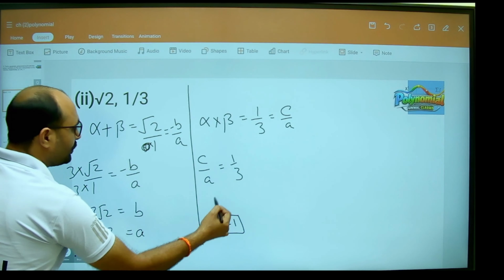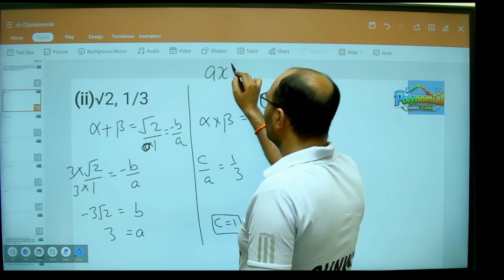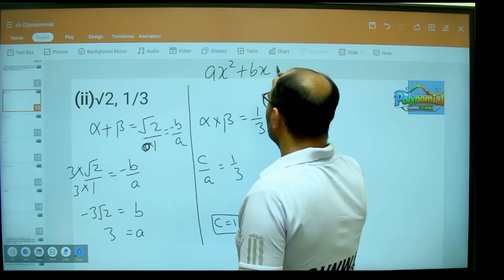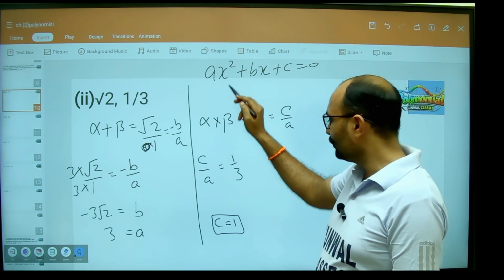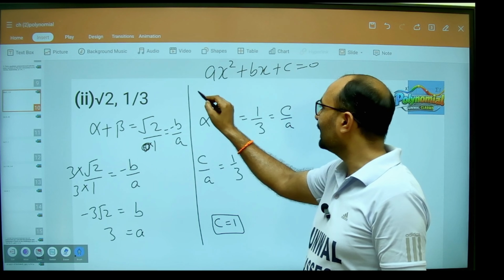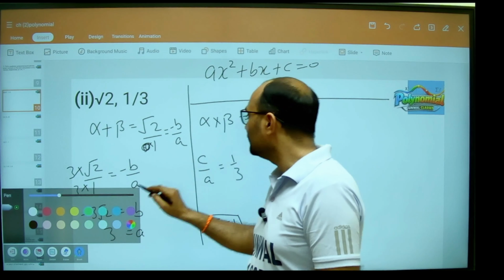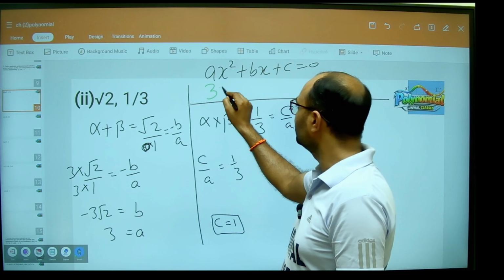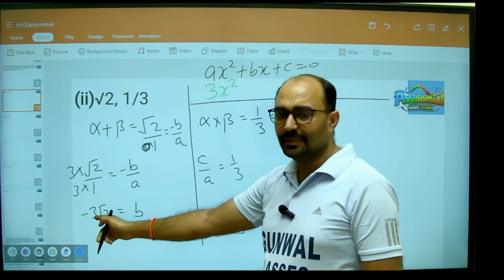Now we will substitute values. What is the general equation? Ax square plus bx plus c equal to 0. If you substitute a is equal to 3, so 3x square. Now b is this.